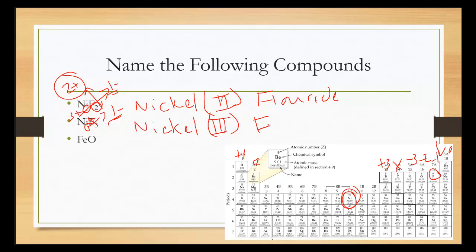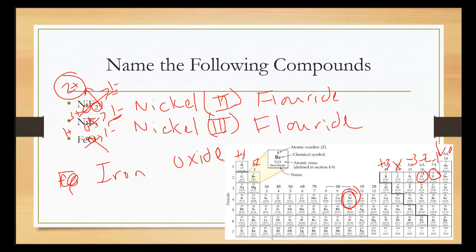How about this one? Uncross it. That's +1 and -1. So we know we have iron, and we have oxygen, which then becomes oxide. If we look at iron, it's right here. It's in the transition metal, which means we need parentheses there.